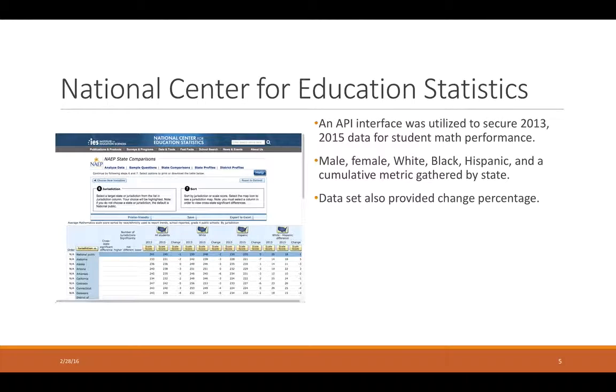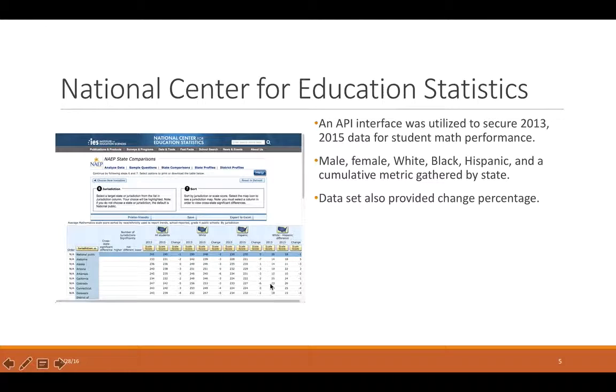The National Center for Education Statistics is where I got the bulk of my information. From here, the API allowed me to pull data for all students for 2013 and 2015. It also gave me a percentage of scale score between the years, and a breakdown by state.